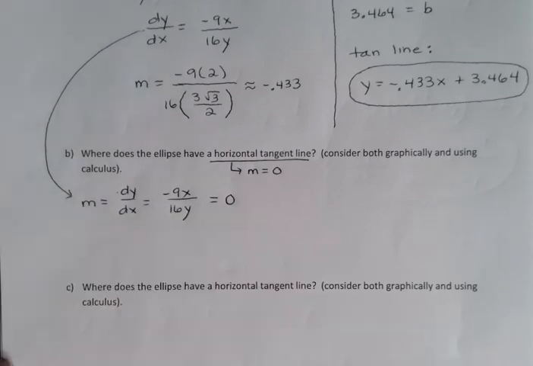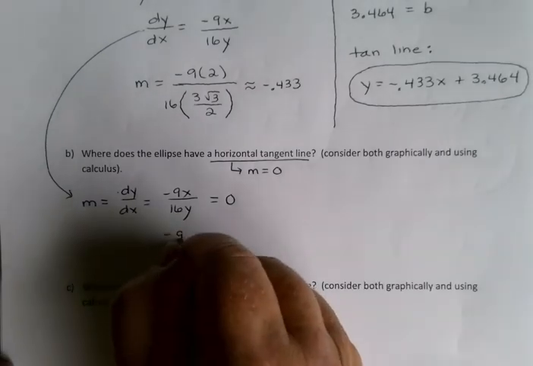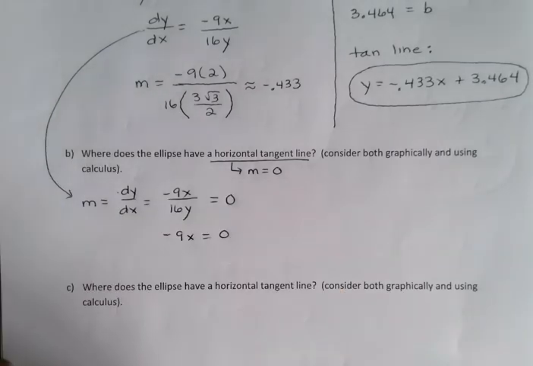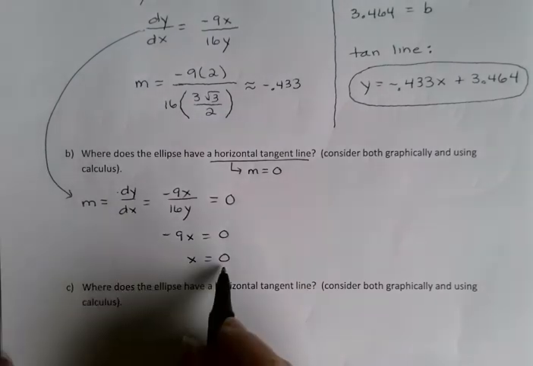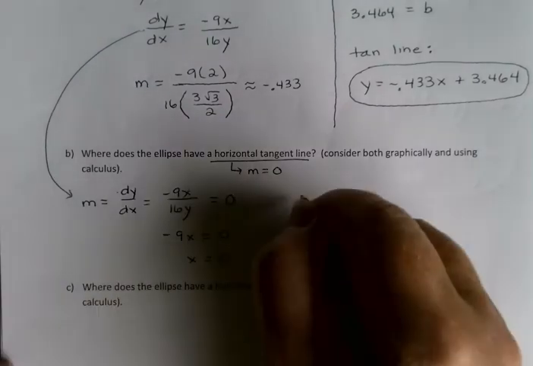Well, I could multiply both sides by 16y, and that would just give me negative 9x equals 0. So when x equals 0, I should have a horizontal tangent line.